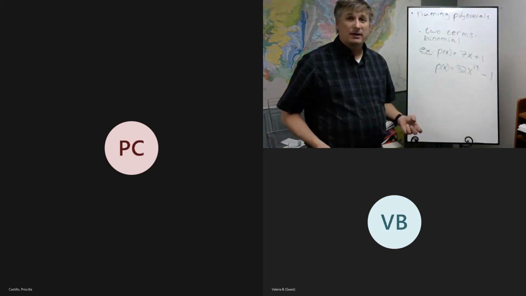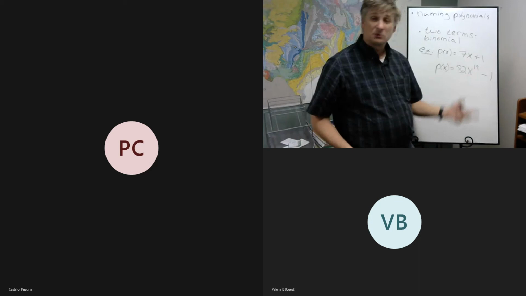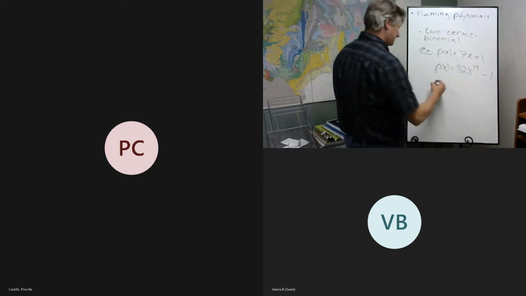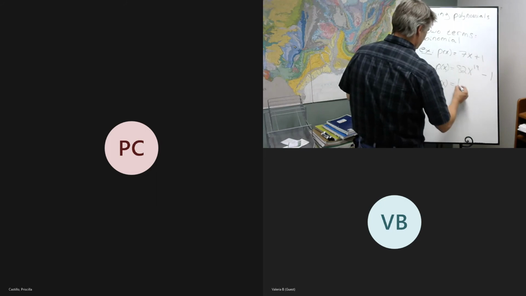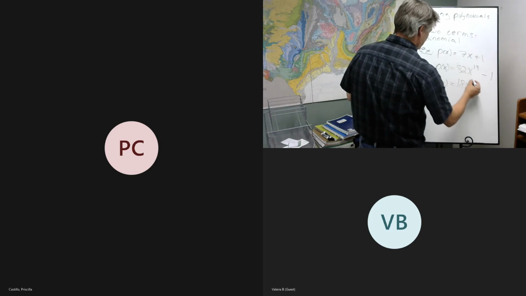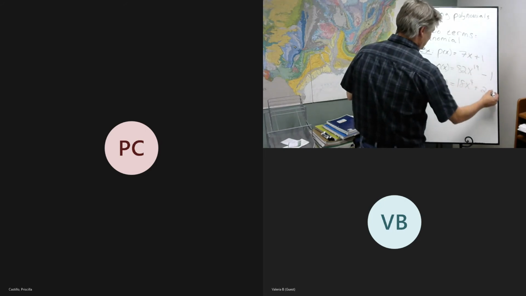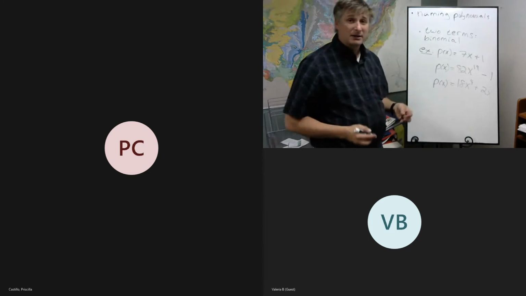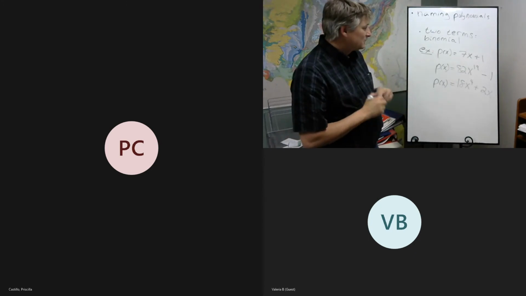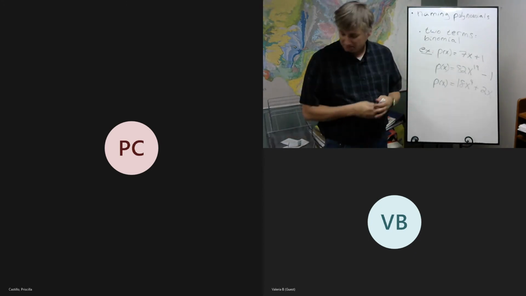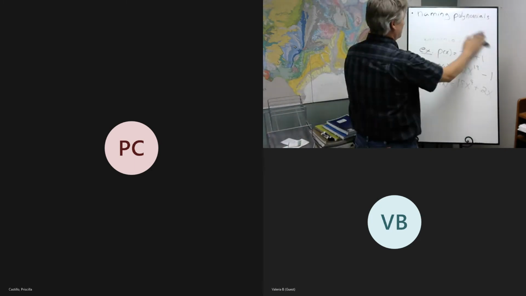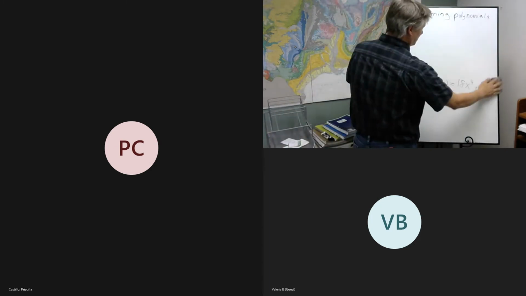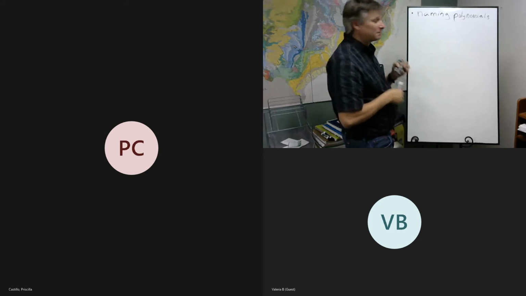This is also a binomial, just two terms. And again, another binomial. So two terms give you a binomial. And then finally, three terms. Trinomial.